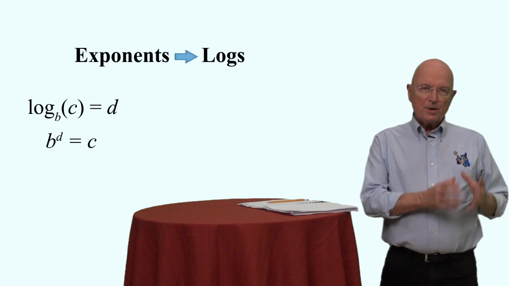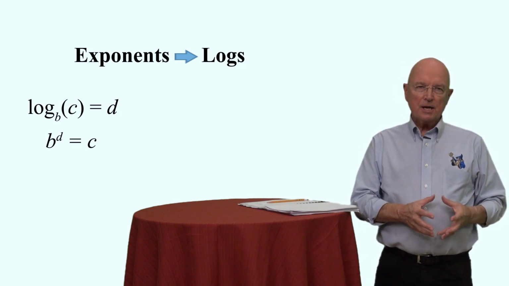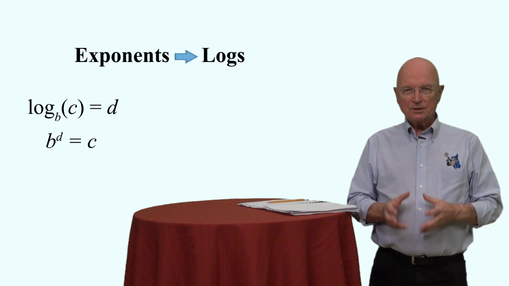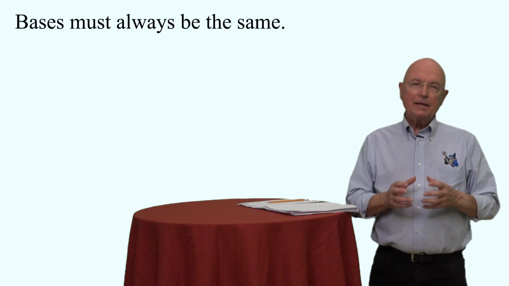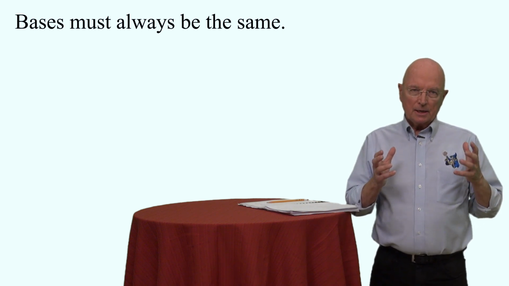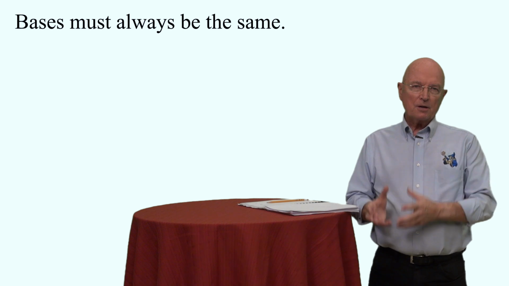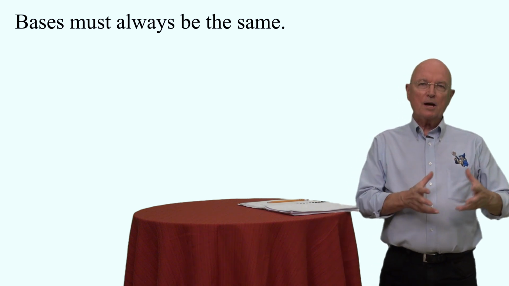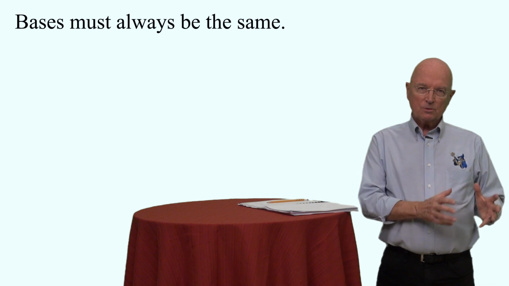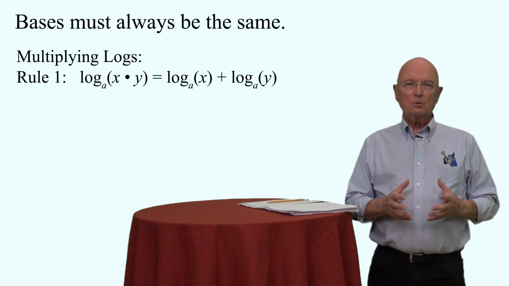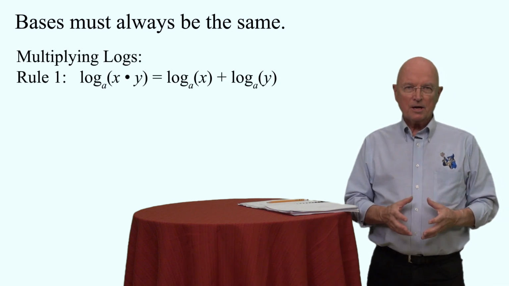Now, there's some basic rules that you need to understand. How do you manipulate these things? But if you realize that your bases always need to be the same or you can't do anything, it's just like when you take exponents that we've talked about in algebra and we're going to apply them using logs. But it's sort of a shorthand way to write this stuff. So rule number 1 is about multiplying logs.